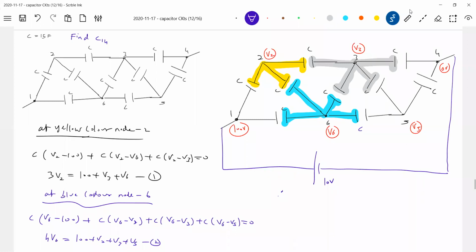I think by this time everyone is getting it; there's no concept, it's just a skill. At gray color node 3, C into V3 minus V2, V3 minus V6, V3 minus V5, all set equals 0. So this will become 4V3 plus V2.